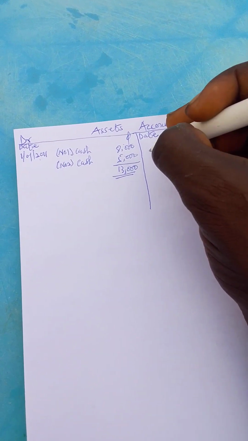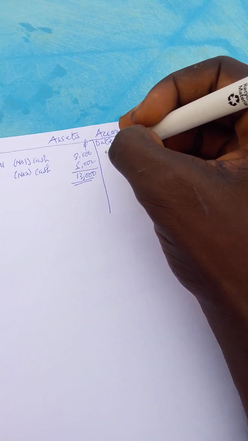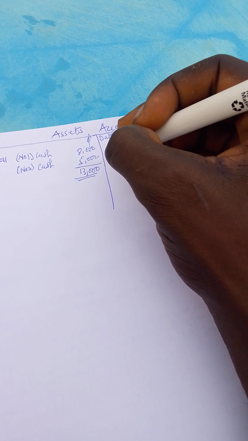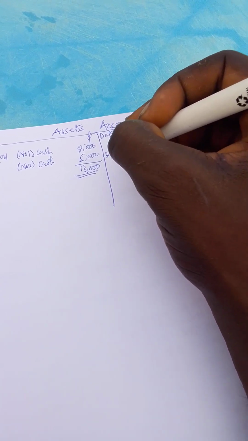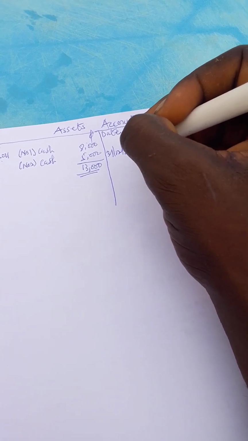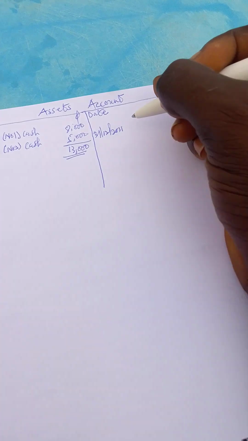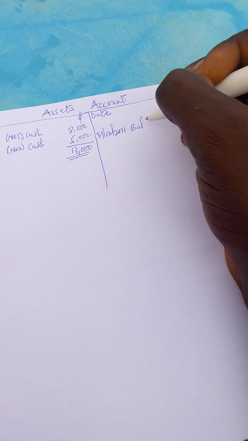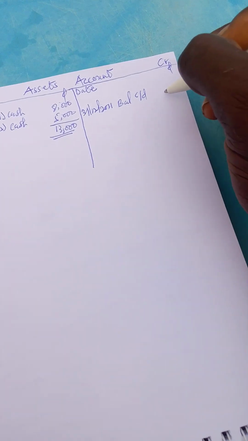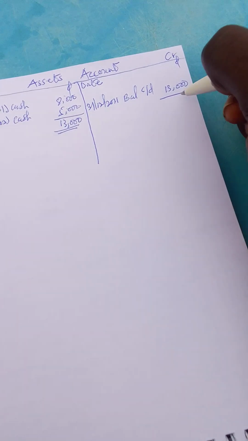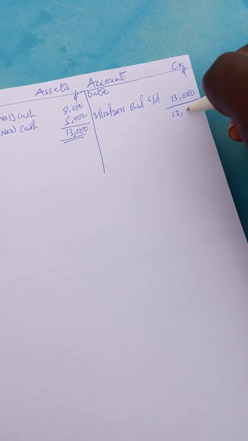So we have to introduce balance carry down. So we are going to introduce balance carry down here. So 31st December 2011, balance carry down is 13,000. Then we balance it off.